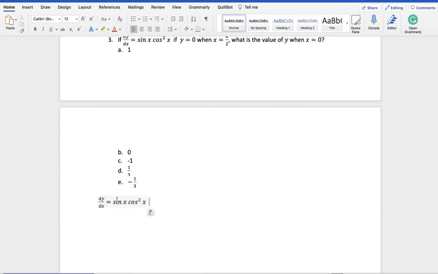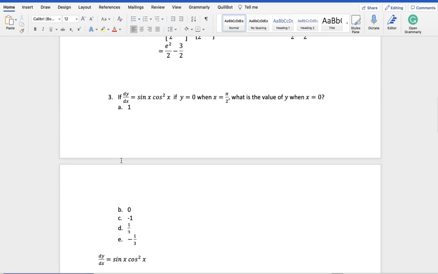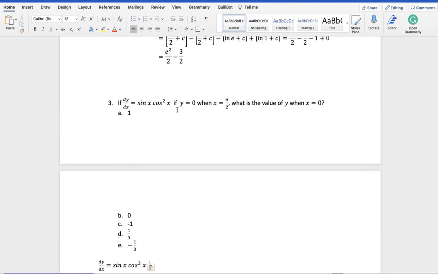So we're given that dy dx is equal to sine x cos squared x, and if y is equal to 0, we have that x is equal to pi over 2. And we are asked to find the value of y when x is equal to 0.